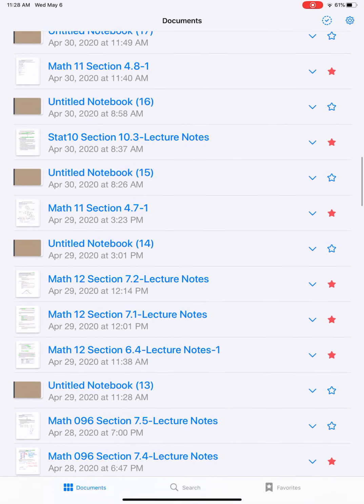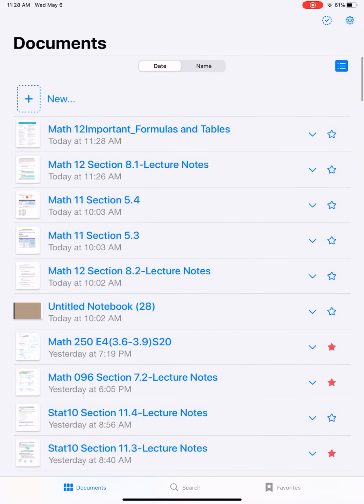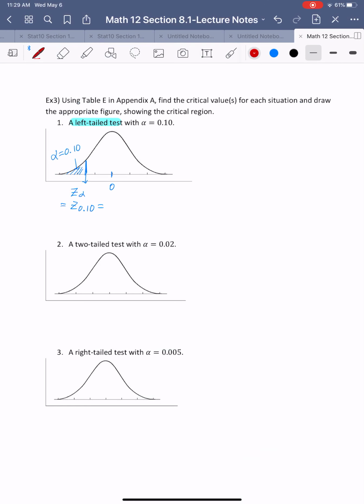So let's go back to our problem, which is going to be negative 1.28.